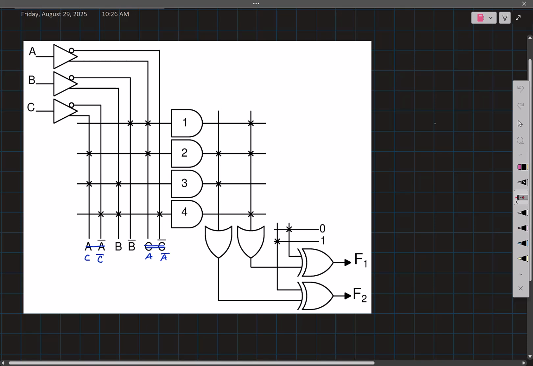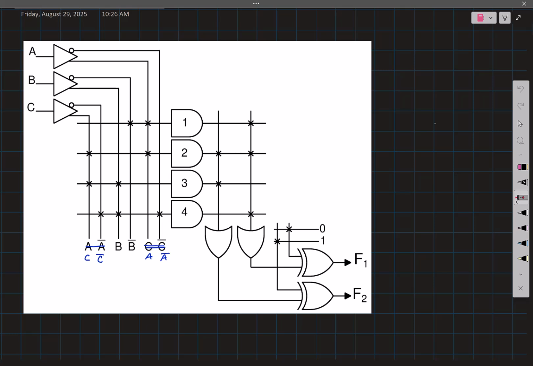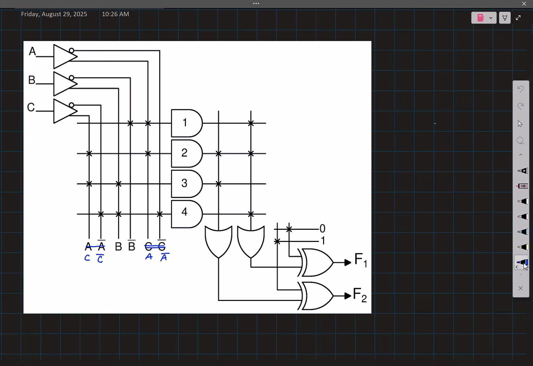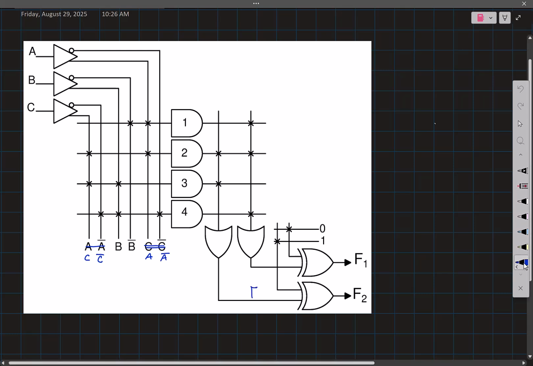In this particular architecture, I have also shown that you have an XOR gate at the end. What is the functionality of this XOR gate? Let's say you got some function here. This XOR gate is being given an input of 1. So if you had some function f0 here, what is the relationship between f0 and f2?